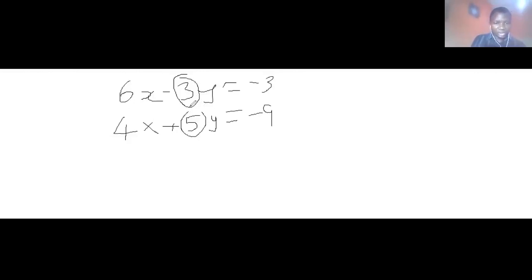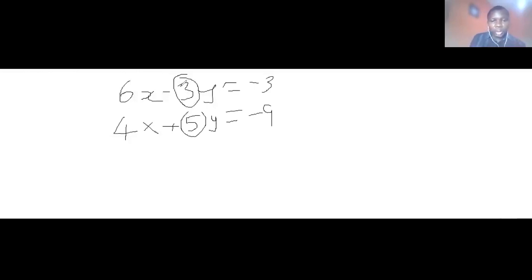That is to say, minus 3y plus 5y will still give us 2y. So we have to look for a number on the upper side and a number on the lower side that I can multiply by, which can make them have the same value, and for us to be able to eliminate both y at the upper side and the bottom line, the second tray.